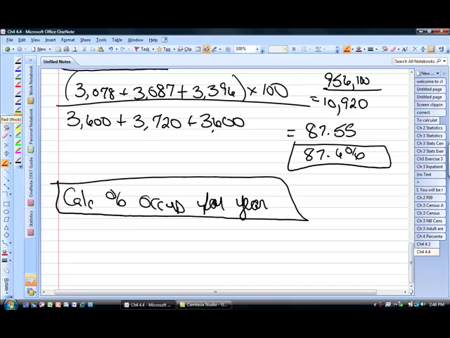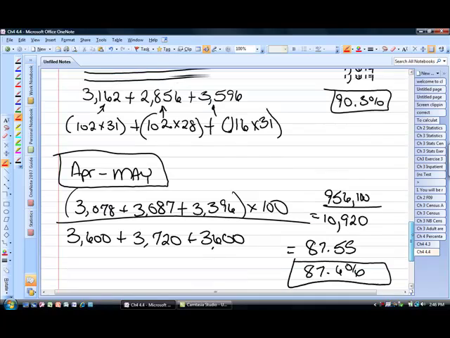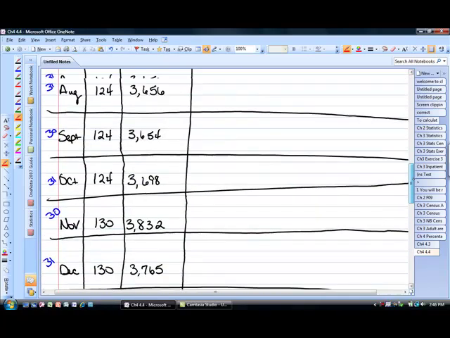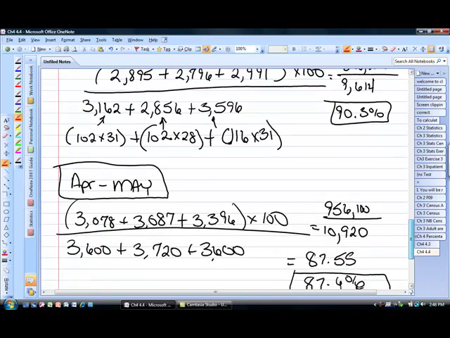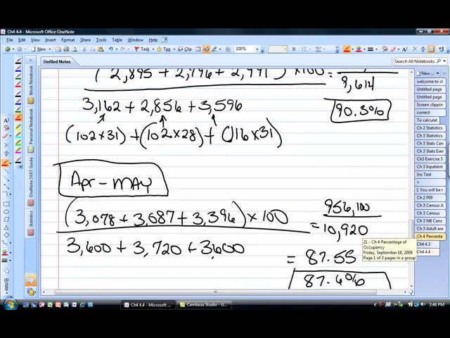What we're going to do is get our information for our numerator and our denominator, our inpatient service days and our total bed count days.